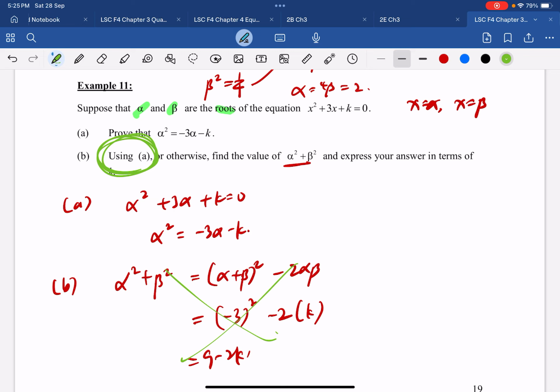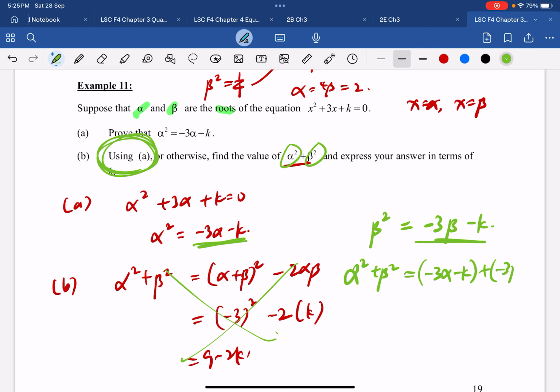So, how should you do it instead? You know alpha and beta are the roots, right? Beta is also a root. So you substitute beta to x as well, which will give you beta squared also equals negative 3 beta minus k. So, what's alpha squared plus beta squared? You just add these two together: negative 3 alpha minus k plus negative 3 beta minus k.